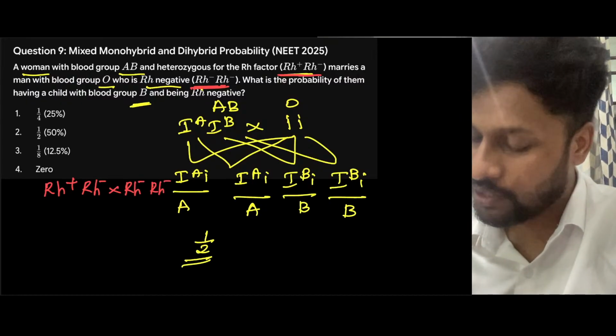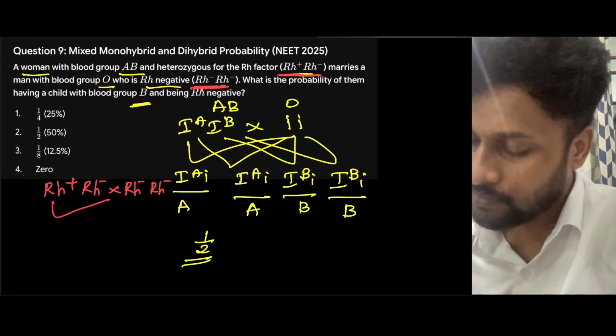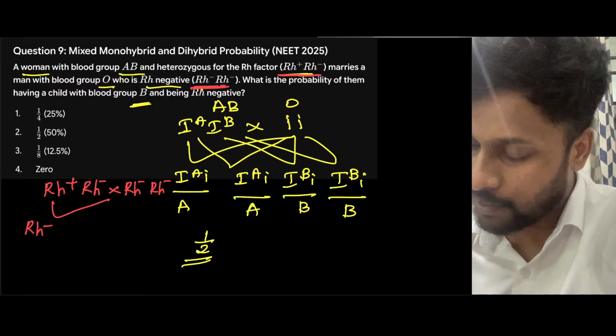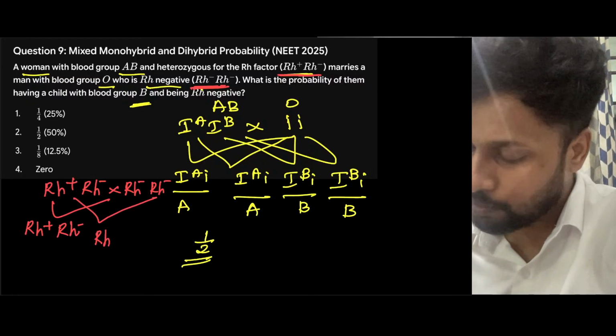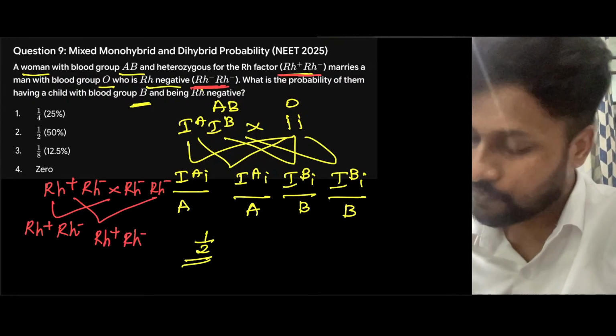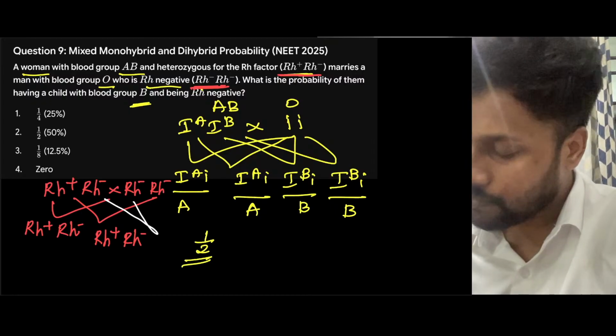Now we need to cross it. How to cross? RH plus, RH negative. Now RH positive, RH negative. Now RH negative, RH negative.